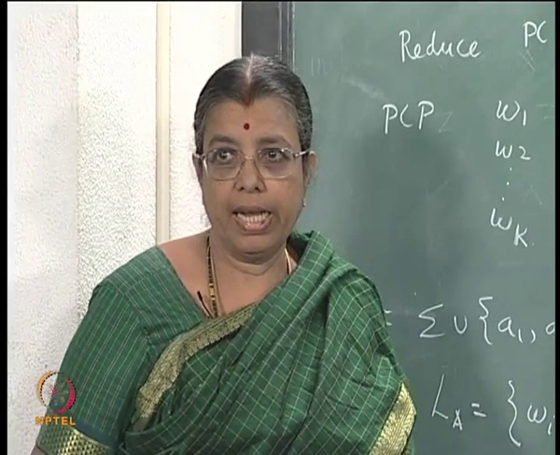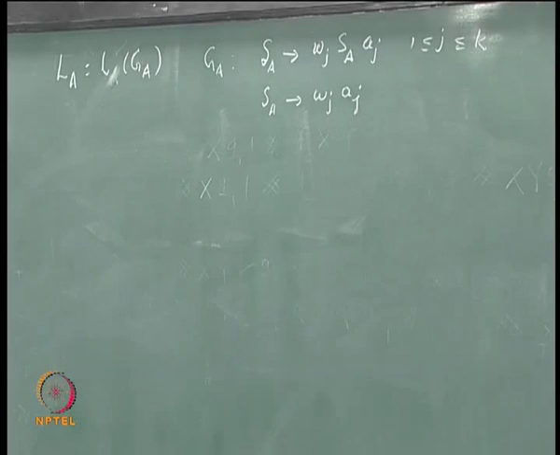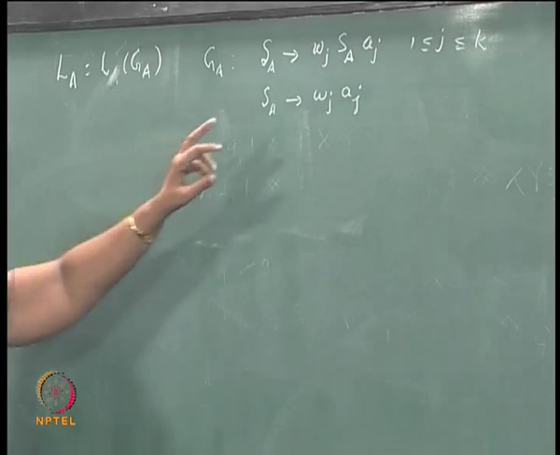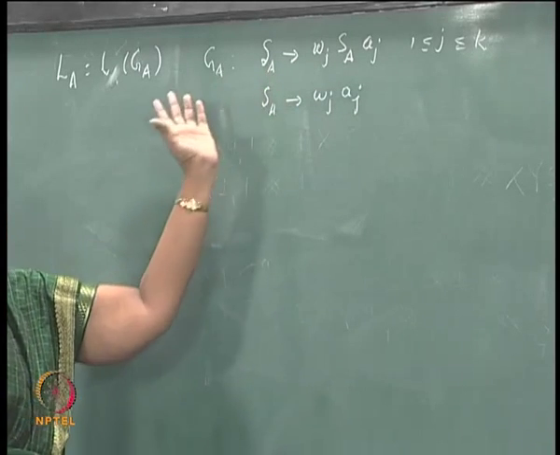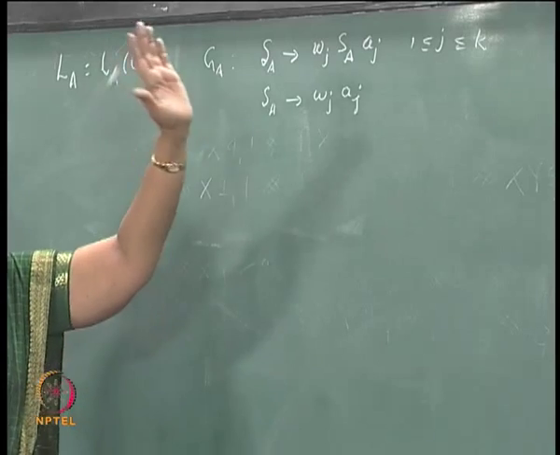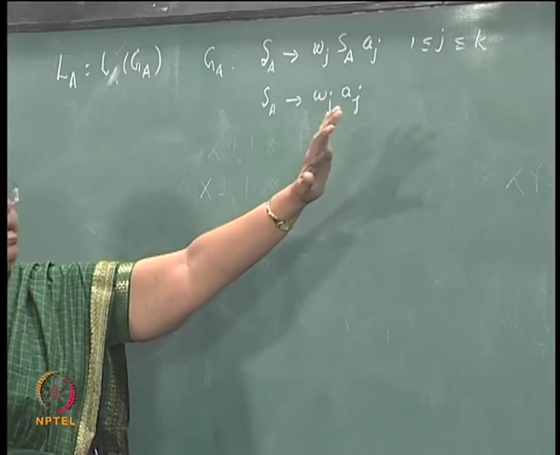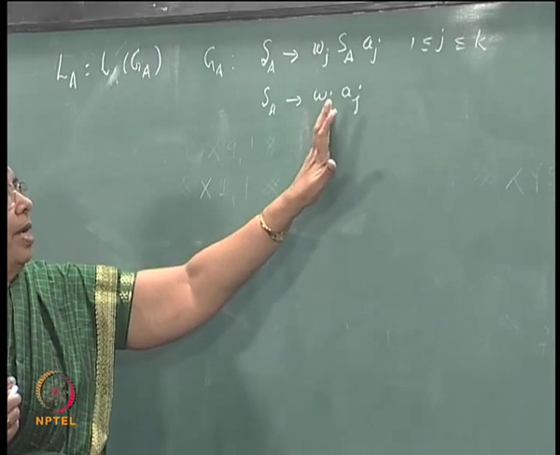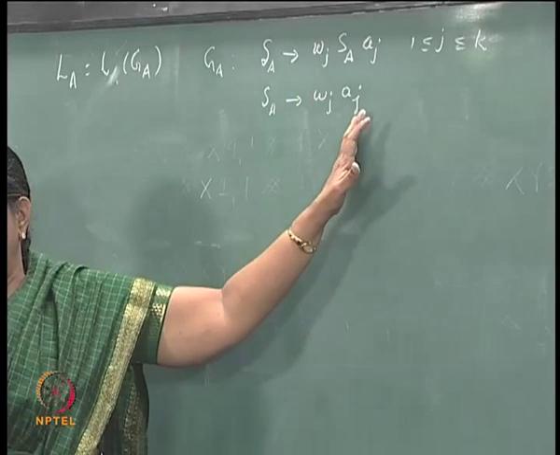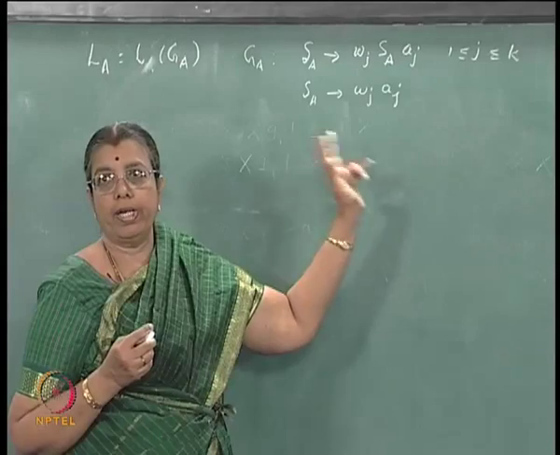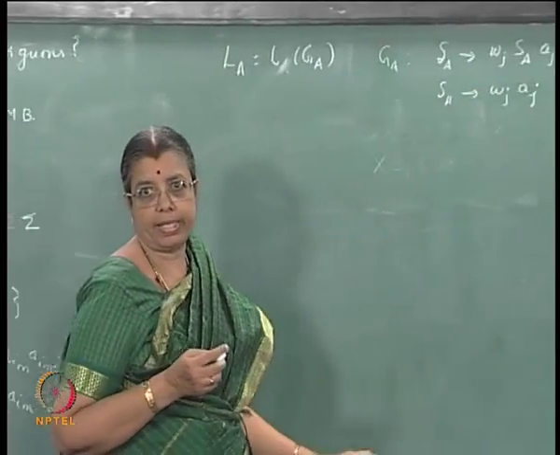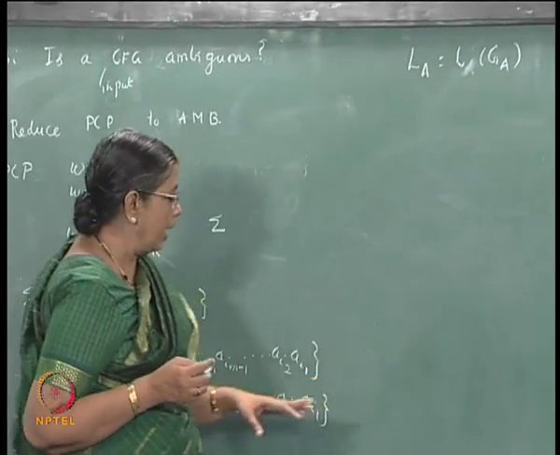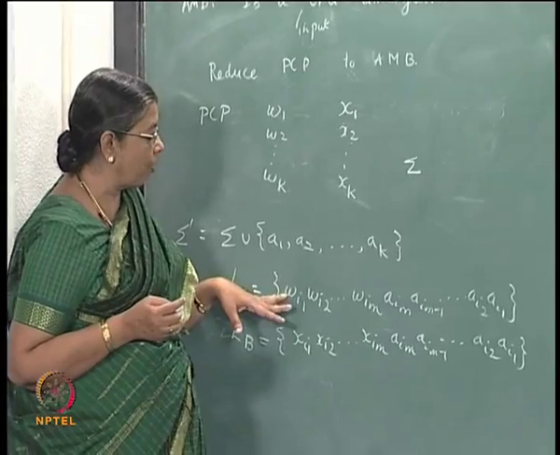It is a linear grammar, and you have K rules of each form. If Wj is generated on the left side, Aj is generated on the right side, and you can end the derivation with some Wj Aj. So for each j between 1 and k you have a rule. So you have 2k rules like this, and using these 2k rules you can generate strings of this form.